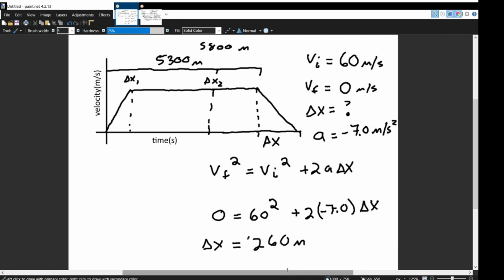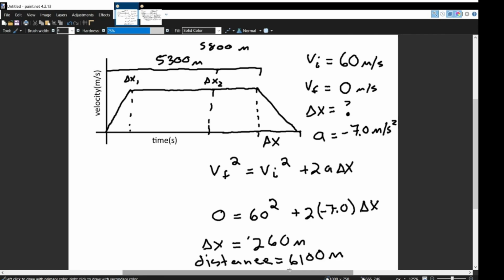Now if you add that to 5,800, that'll give you your total distance traveled before it comes to a stop. When you add that, your total distance equals 6,100 meters, or about that.